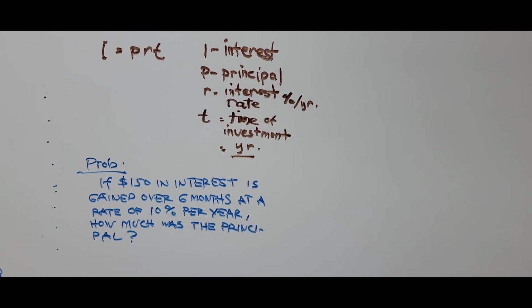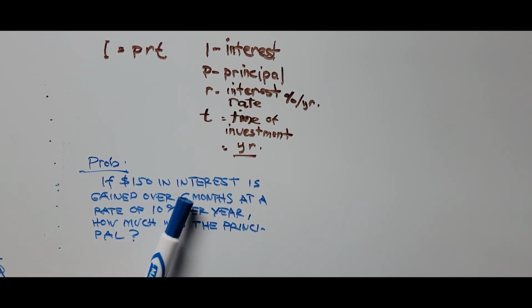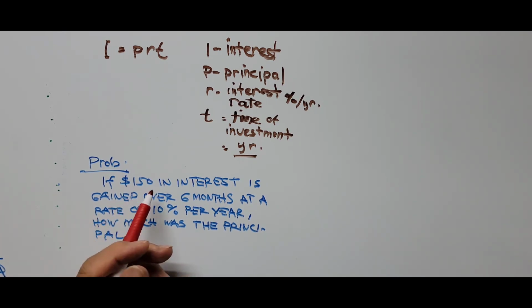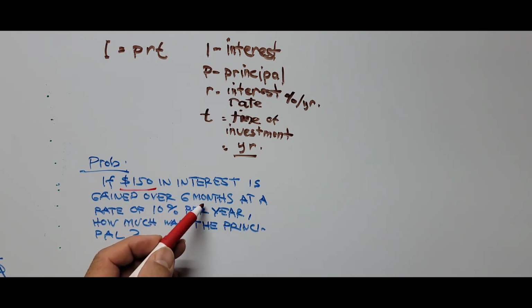Now we have a problem to solve, and it says this way. If $150 in interest is gained over 6 months at the rate of 10% per year, how much was the principal? So the givens are 150, the interest, the money earned, and the period of 6 months.